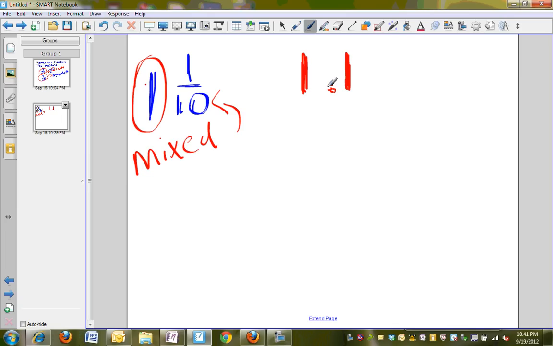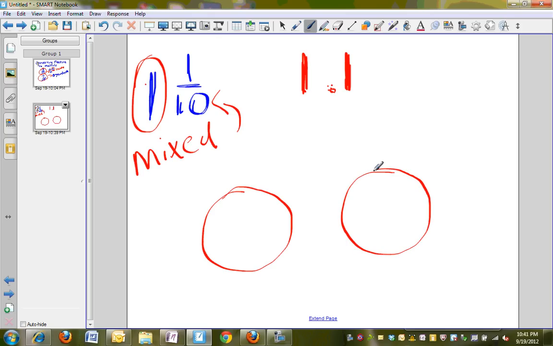And just to demonstrate for you how that might look in the real world and actually representing real things, if you had one whole pizza, okay, plus another pizza that was divided into 10 slices, okay, so 1, 2, 3, 4, 5, okay?